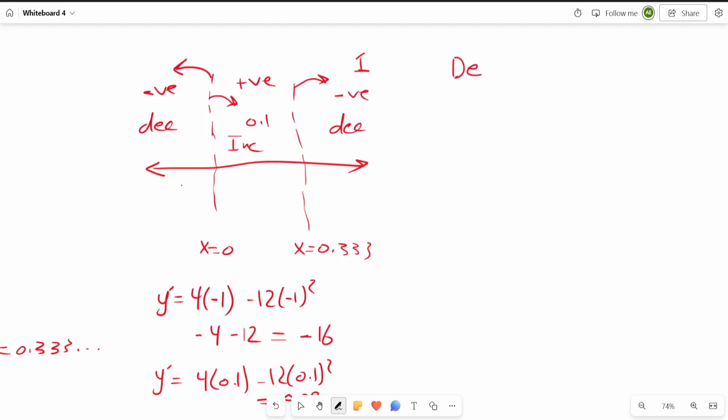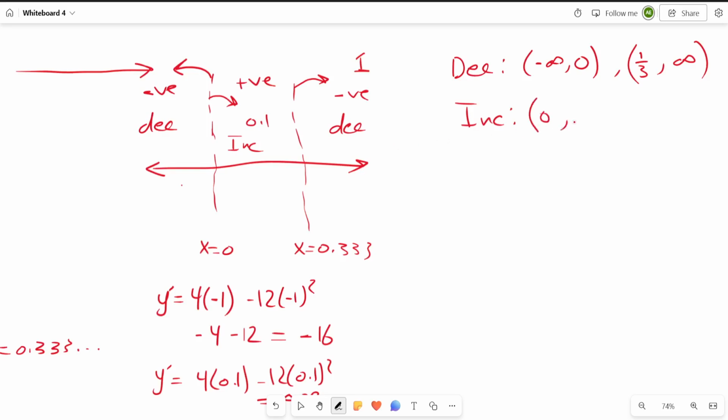So my decreasing intervals are from -infinity up to 0, and from 0.333 or 1 over 3 up to positive infinity, and my function is increasing from 0 to 1 over 3.